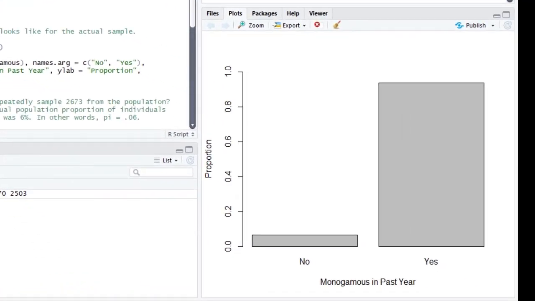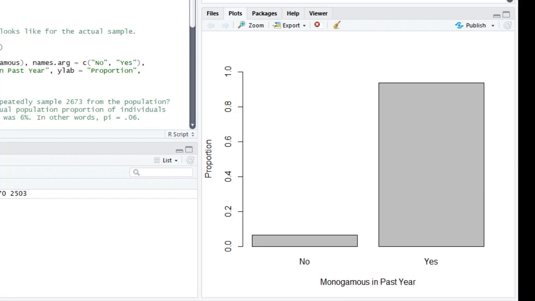You can see that most individuals said yes, they were monogamous in the past year, but here we have that 0.064 that said no.